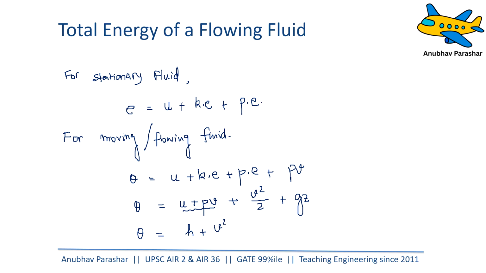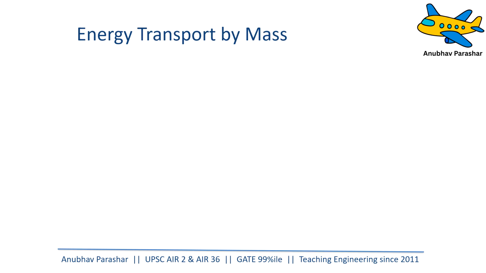So h plus V square by 2 plus gz. All the energies on a per unit mass basis are written in kilojoule per kg. So you have to multiply by mass to get the total energy of the flowing fluid.